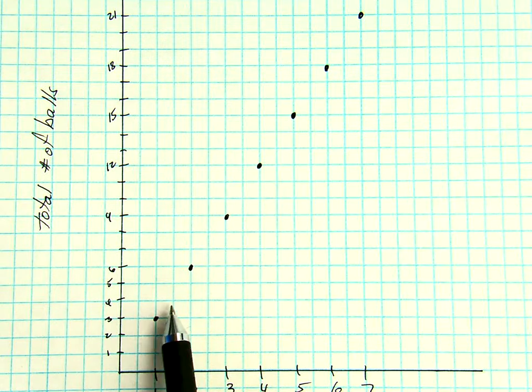And even if he did order 1.5 cans, how many balls would that be in the half a can? Would we have 1.5 balls? I don't think so. So the fact is that we can't connect these dots because the space between the dots does not make sense. There's that question again.